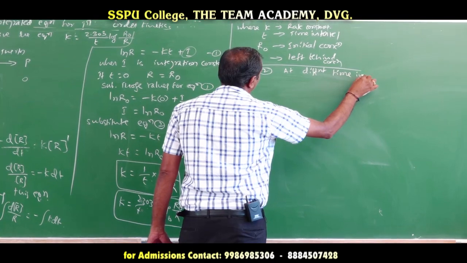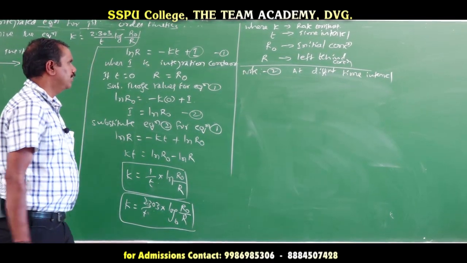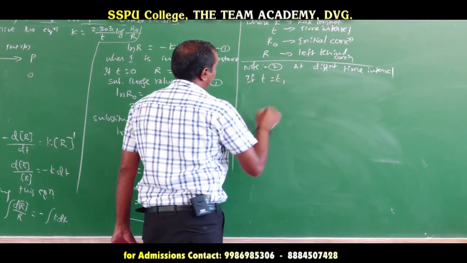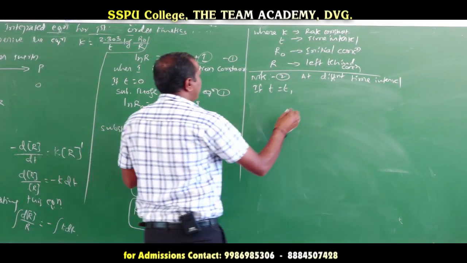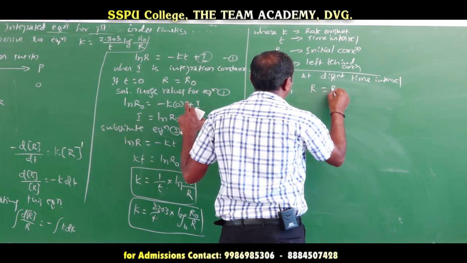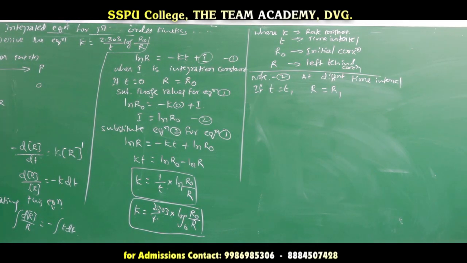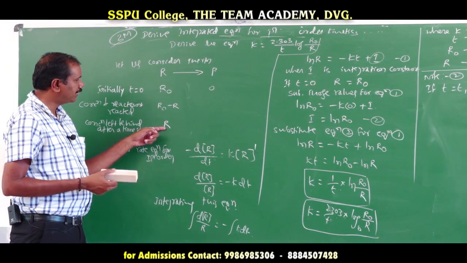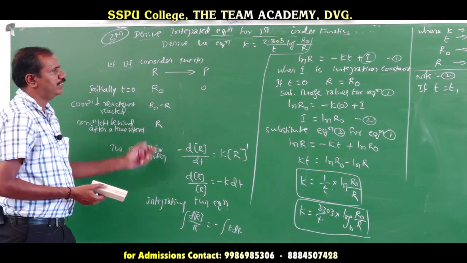What is the change in concentration of reactant? If time is T1, the left-hand concentration R becomes R1. After a time interval, for example after the 10th minute, time is T1, and the left-hand concentration we may consider as R1.